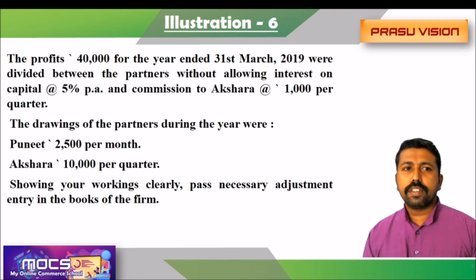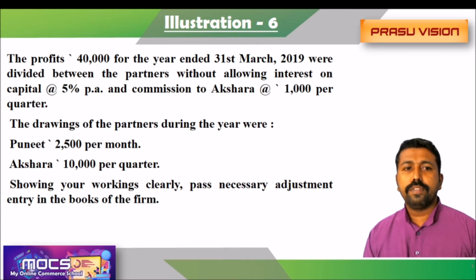The profit was 40,000 for the year ended 31st March 2019, and it was divided between the partners without adjusting interest on capital at 5% and commission to Akshara 1,000 per quarter.